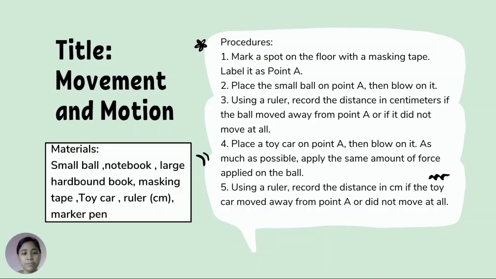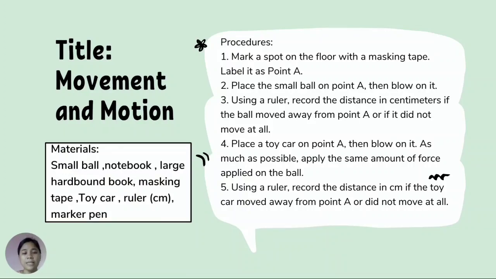Procedures. Number 1. Mark a spot on the floor with a masking tape. Label it as point A. Number 2. Place the small ball on point A, then blow on it. Then, using a ruler, record the distance in centimeters if the ball moved away from point A or if it did not move at all.